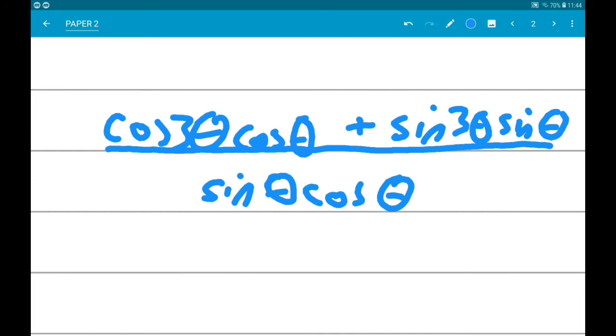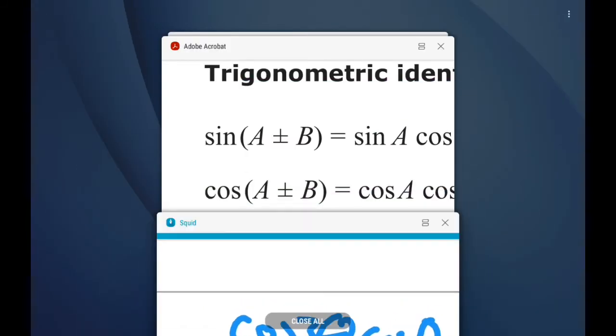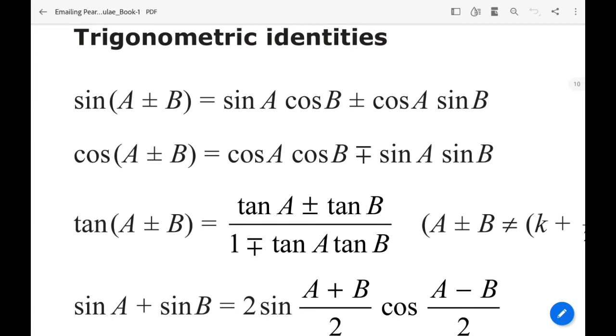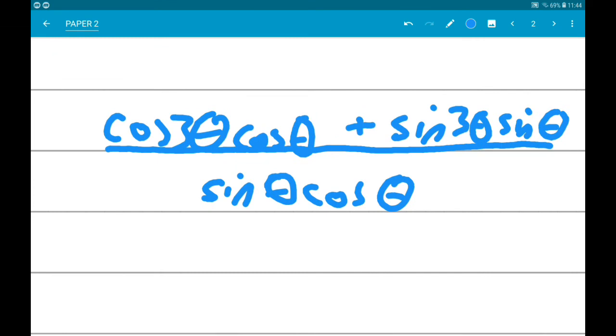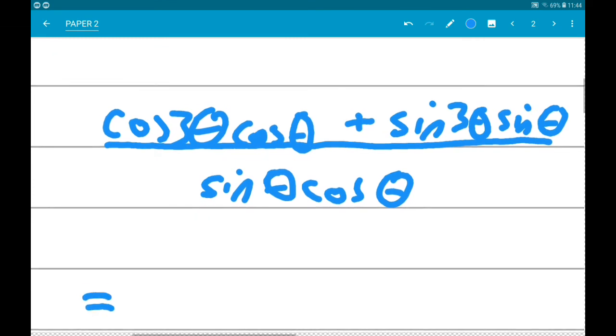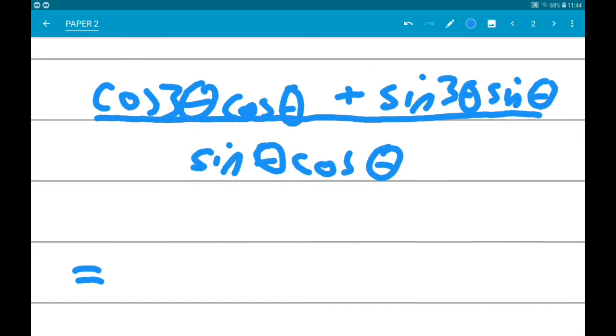Alright, now the top we can use the compound angle formulas to rewrite it. So we have a plus between the two terms, and it's a cos plus sin. So we're looking at cos of A minus B. So up on top we can say that A is 3 theta and B is theta.